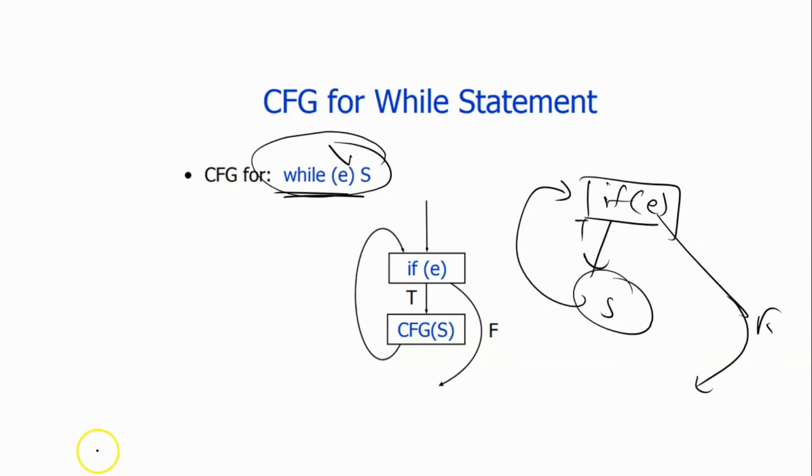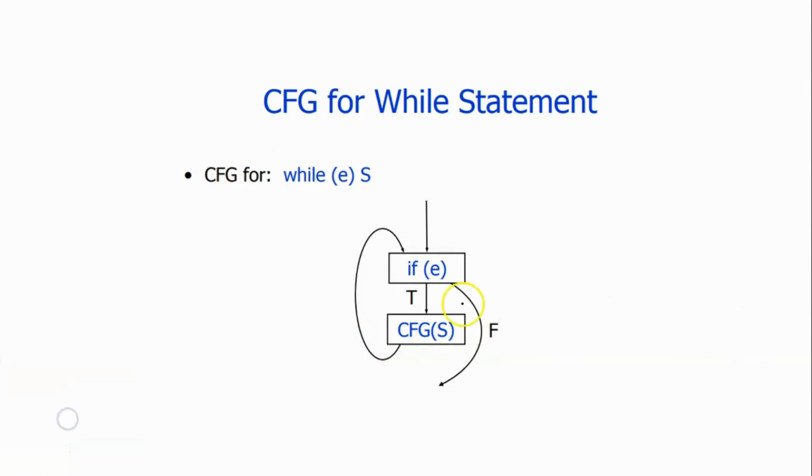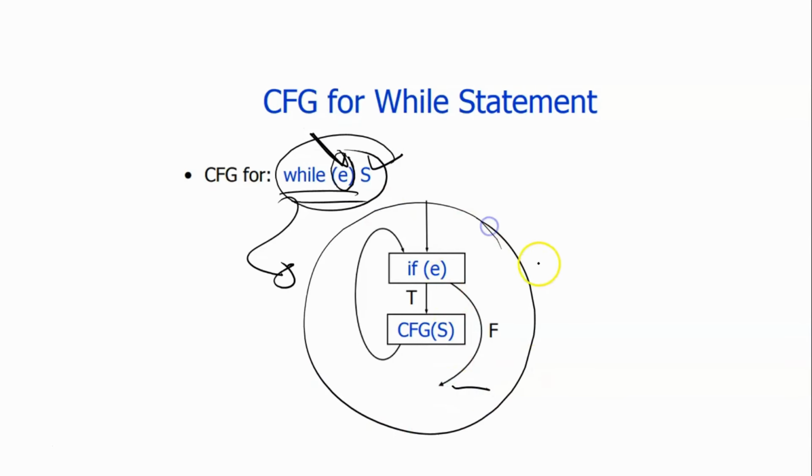Remember, when you are making a CFG for a while statement, you are not actually using the while keyword. You are using this condition, whether it is true or not. If this condition is true, then you will execute this. If this condition is false, then you will go here. So this is how you will make a CFG for the while statement.